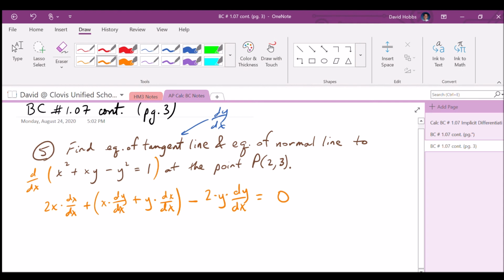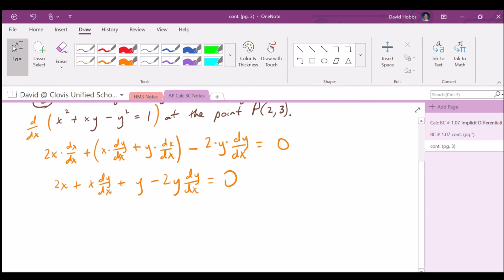Okay, we want dy/dx, and let's overall clean this up. So I've got 2x plus x dy/dx plus y minus 2y dy/dx equals 0.